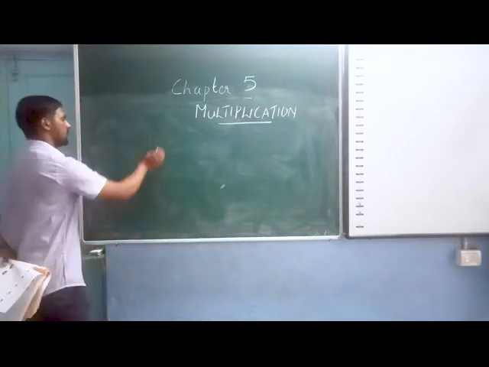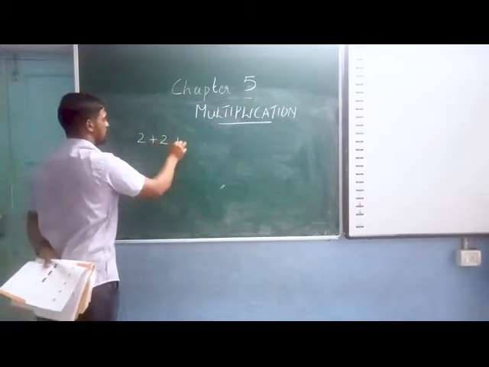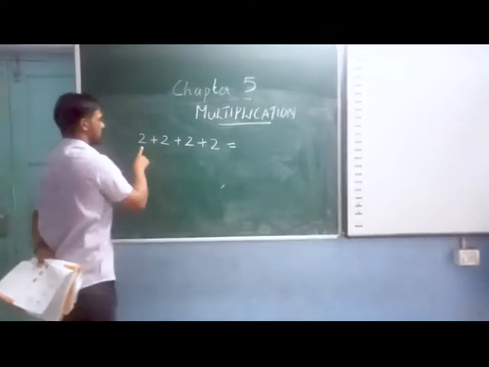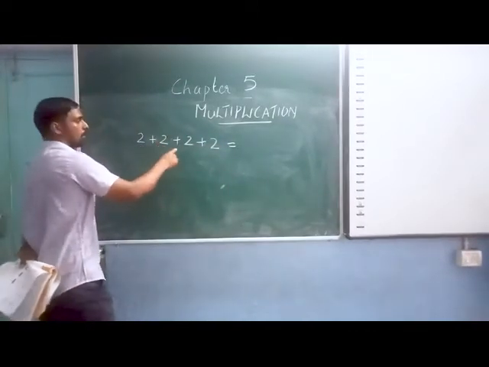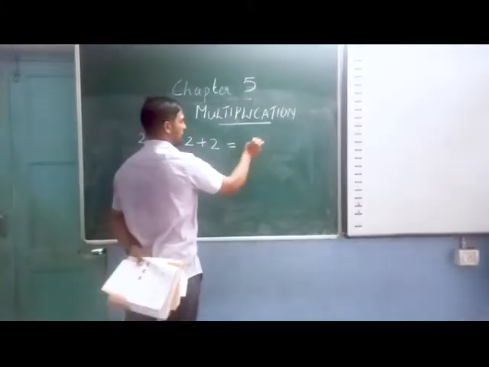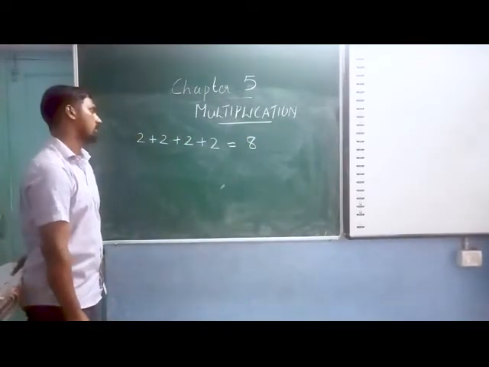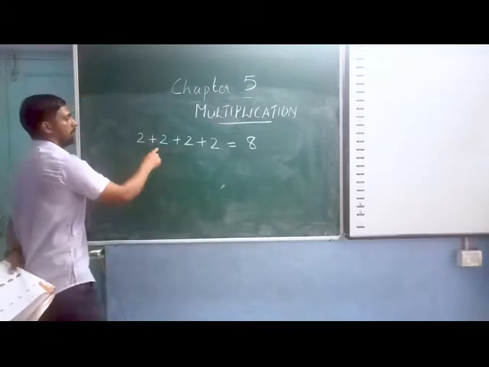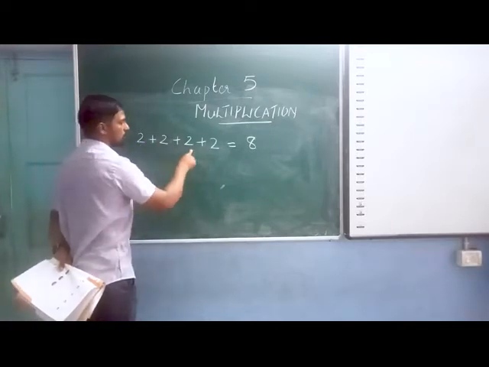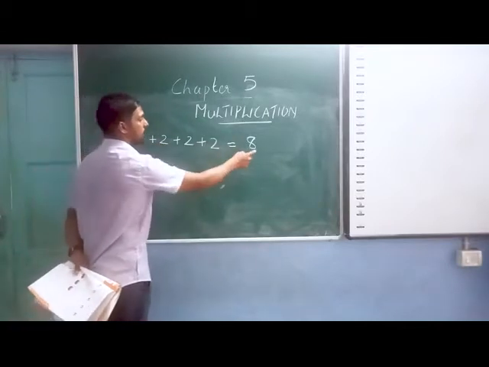For example, we know 2 plus 2 plus 2 plus 2 is equal to how much? 2 plus 2 is equal to 4, 4 plus 2 is equal to 6, and 6 plus 2 is equal to 8. Okay, so we know that this is called addition. We are adding 4 numbers. How many sets of 2 are here? 1, 2, 3, 4. So, if you add four 2's, we will get 8.